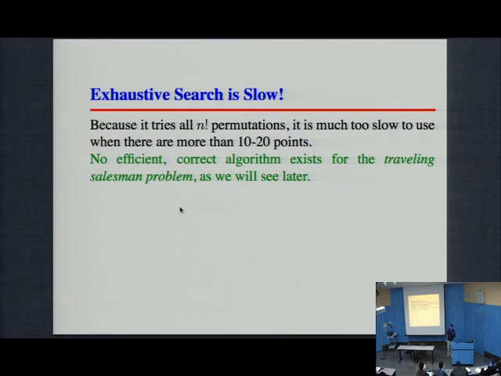There is not a computer on Earth during the rest of recorded history that will be able to go through 19 factorial things. So if we want to find the optimal tour, we can't do it by exhaustive search. Any questions about that? That's an example of, if we try all possibilities and pick the best one, that is going to be a correct algorithm. But we agree it's not going to be an efficient one.